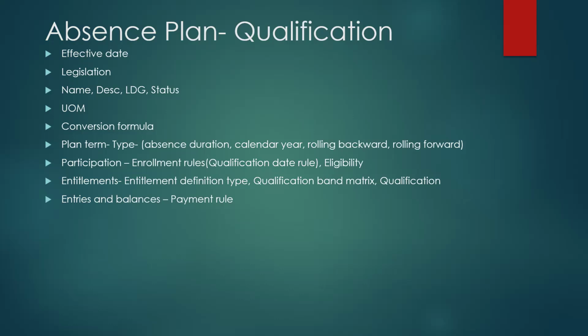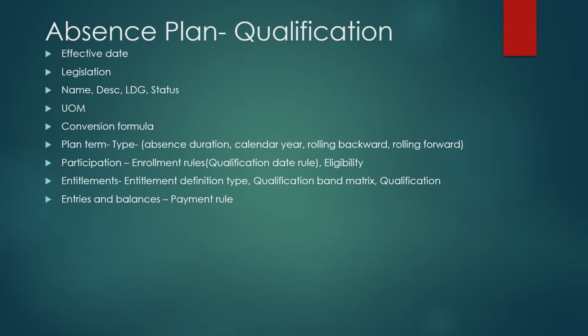Having a child, adopting a child, all these are events. And for these events, they need some leaves to be taken from work, which is why, as a system, we configure the qualification plan separately compared to the approval plan and other things.